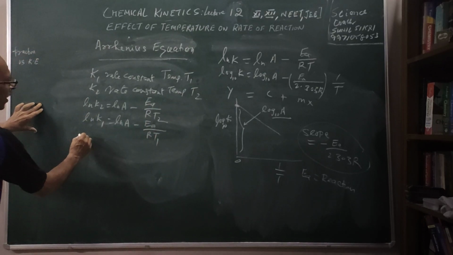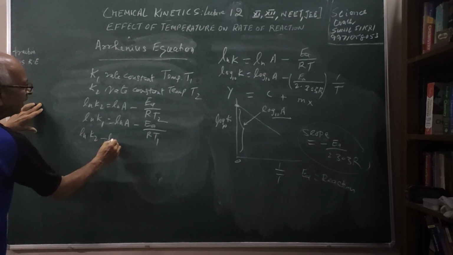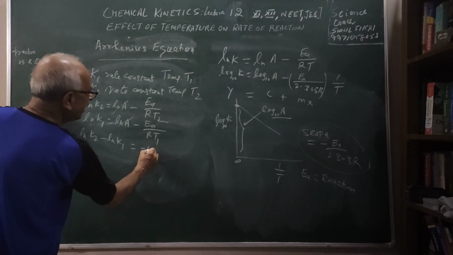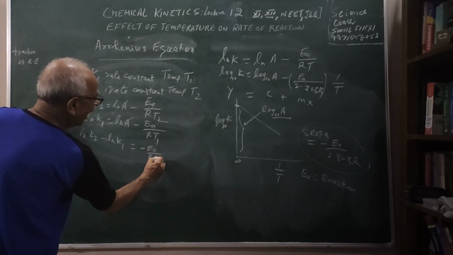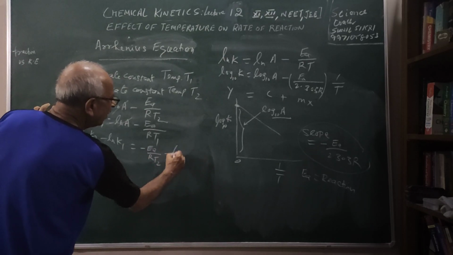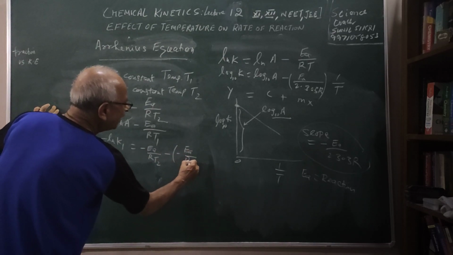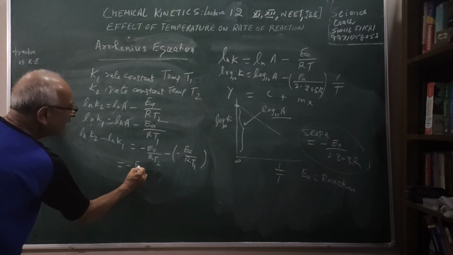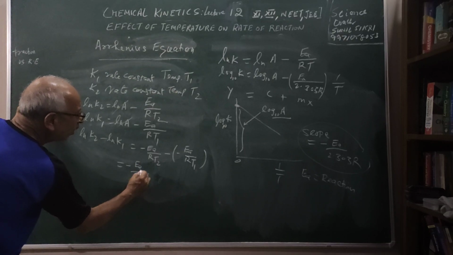So if I subtract the two, ln K2 minus ln K1, then ln A will get cancelled off, and what you are getting is minus EA by RT2 minus minus EA by RT1.